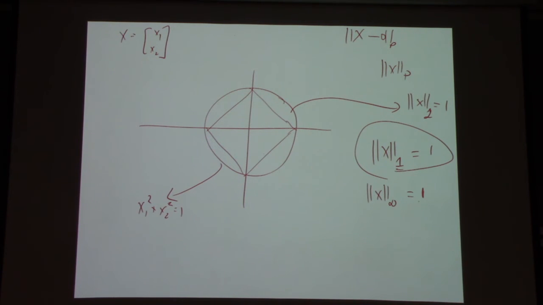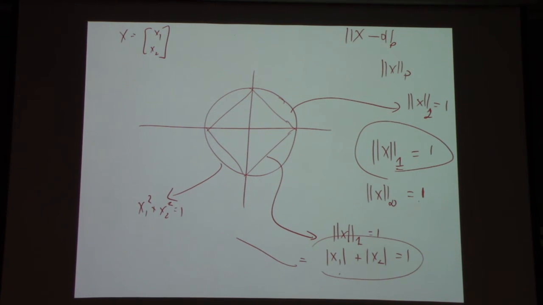Now let's consider the one norm of x equals 1, which means the absolute value of x1 plus the absolute value of x2 equals 1. This corresponds to 4 lines, because the absolute value of x can be x or negative x. So you have 2 options here and 2 options here. If you try all of them out, you get 4 lines. When it's all equal to 1, that's the diamond shaped figure right there.